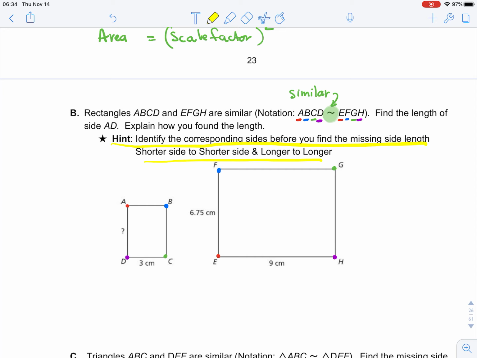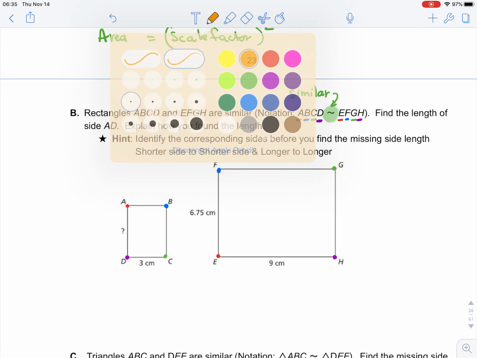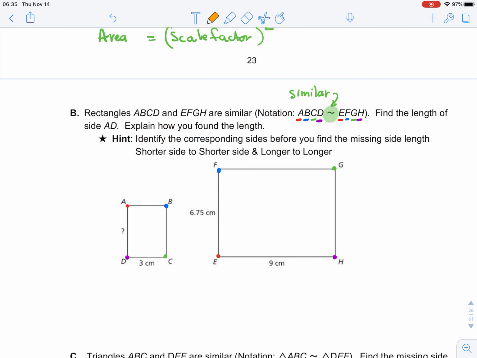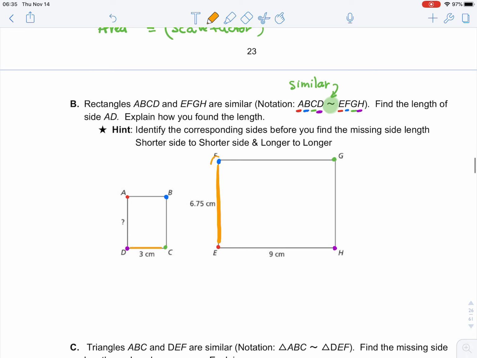So I identified the corresponding angles, and we're going to match them up. Okay, so here's our long side. Oh, we don't know the long side. We know the short side. Short side should match the short side. What you'll notice is I did blue and red, and here's blue and red.